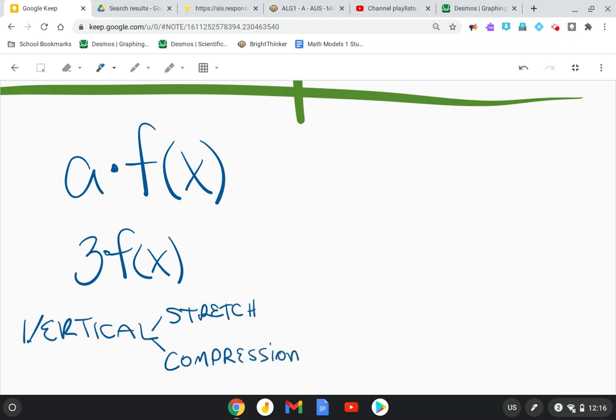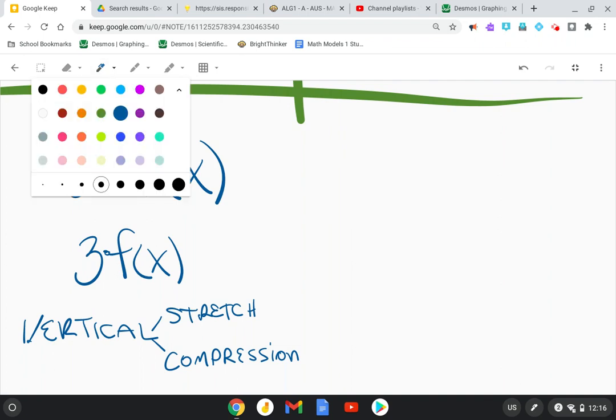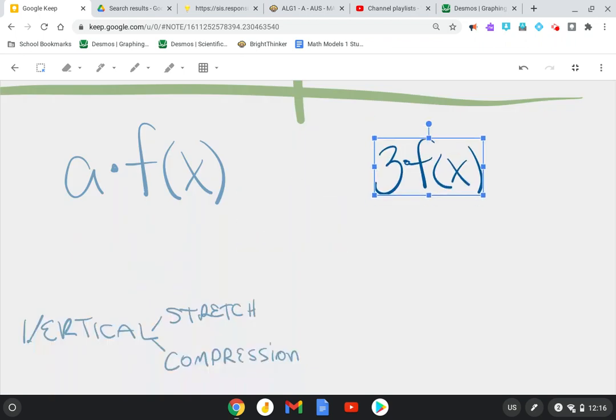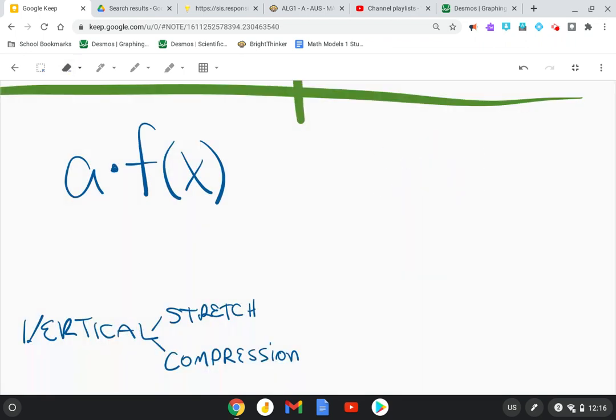Well, a stretch is going to be, let's actually do this a little bit differently. Let me move this over here. Let me erase this, actually.